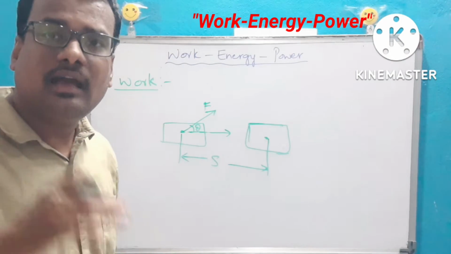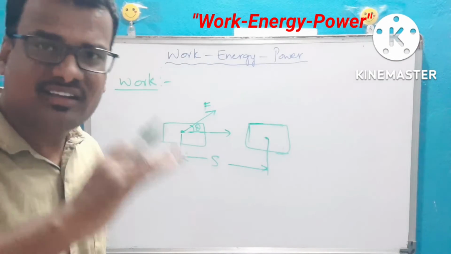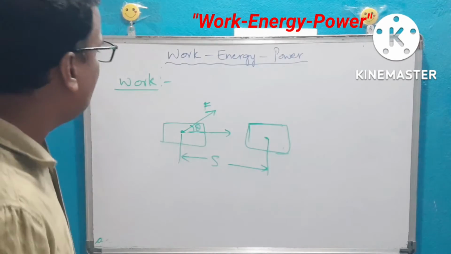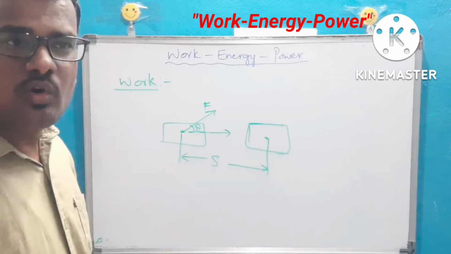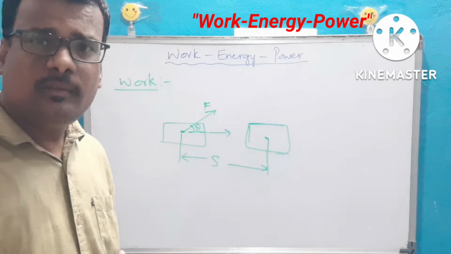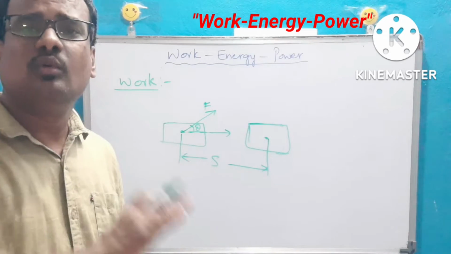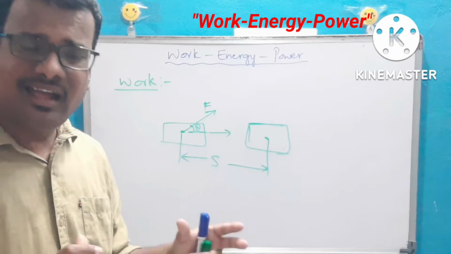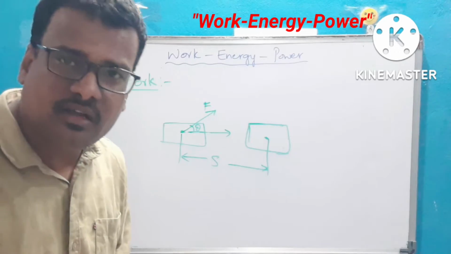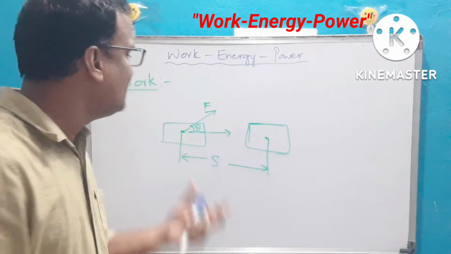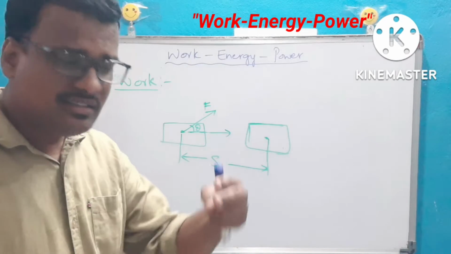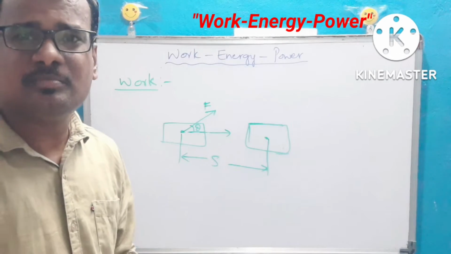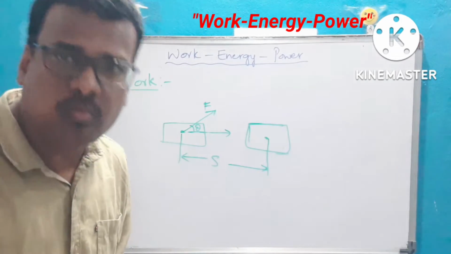Now we say that some work is done on the body. So how do we define the work done? The product of the force applied on the body and the displacement of the body is called work done. Here the force and displacement are in a scalar product.